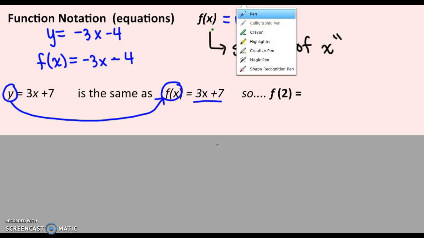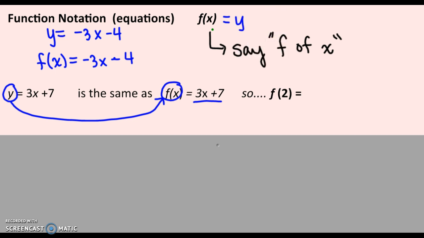Now if you take a look at the function notation, it says f of 2. So I have a 2 here instead of x. That means every time I see an x in the function, I'm going to plug in the number 2. So just like we did with the tables, the equation stays the same, 3 times something plus 7.